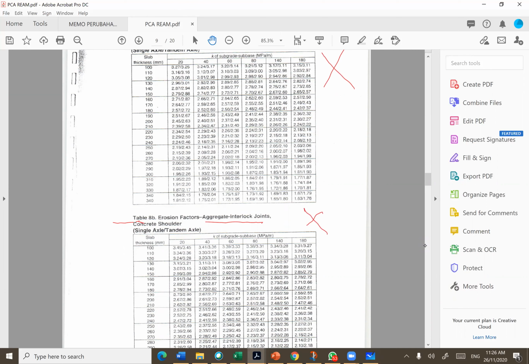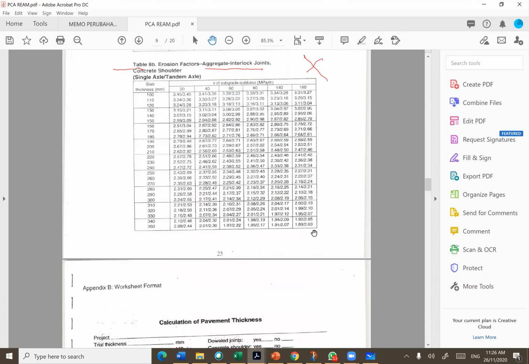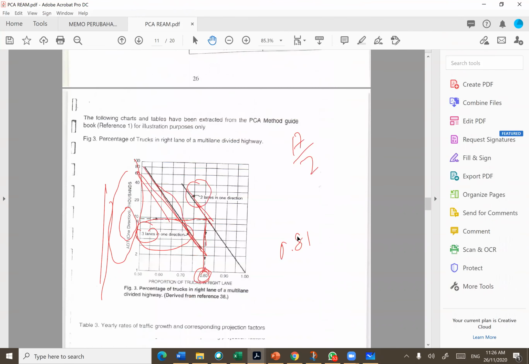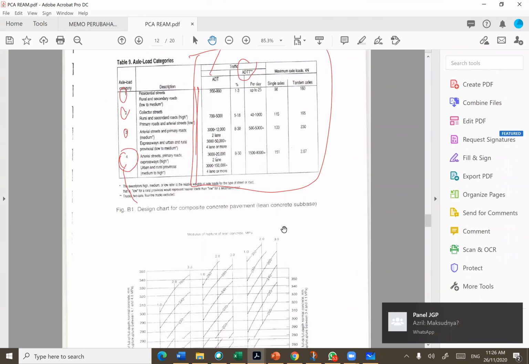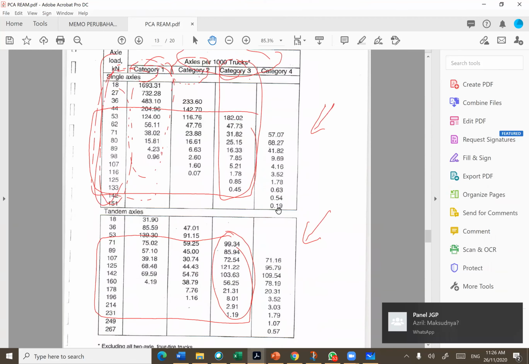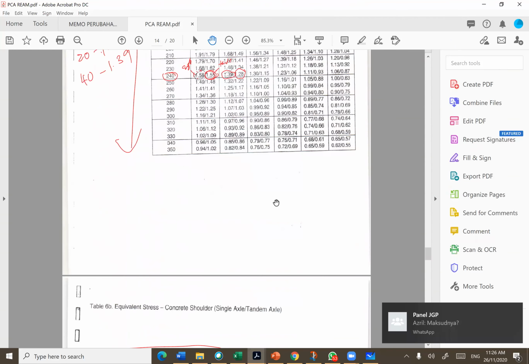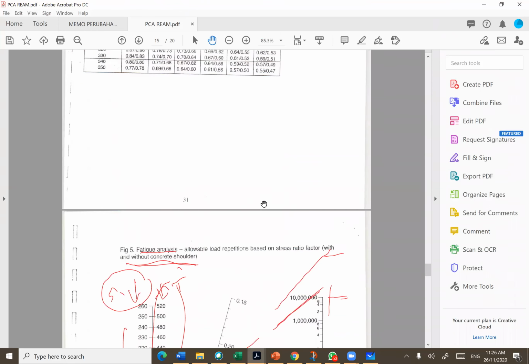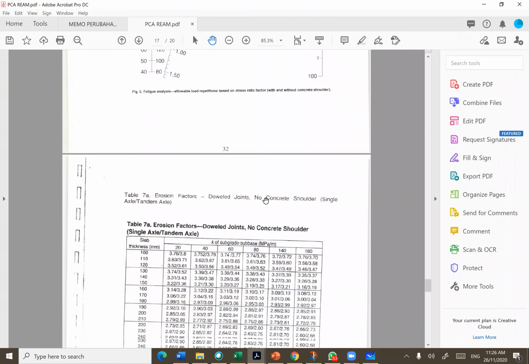Also no, because we are not using concrete shoulder. So we have to find the other table. Where is the erosion factor page? Okay, this one.